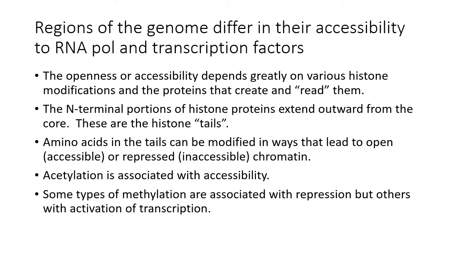So we're going to depend on various histone modifications and the proteins that create and read these. Okay, so we're going to be looking at the N-terminal histone tails, those that extend outward from the core. Okay, so we can modify these in ways that lead to opening of the chromatin or repression of it.